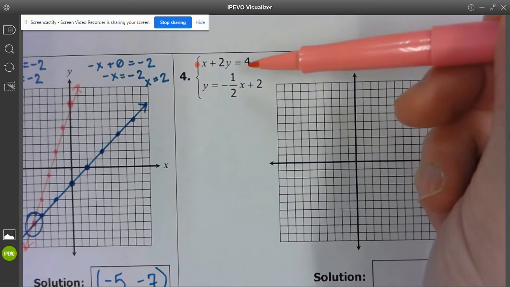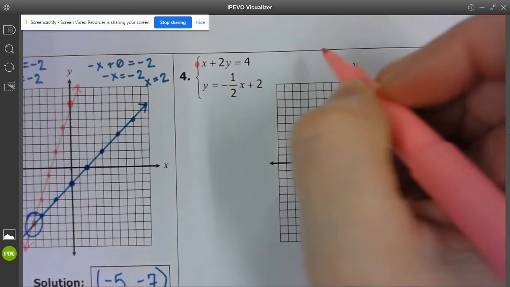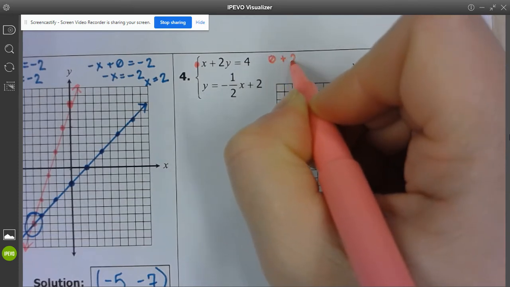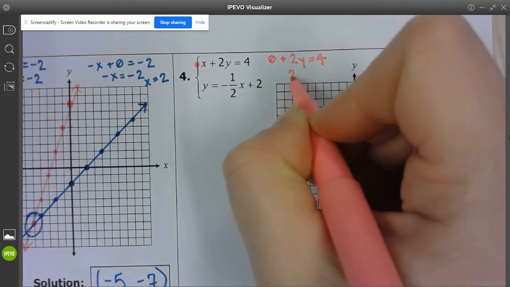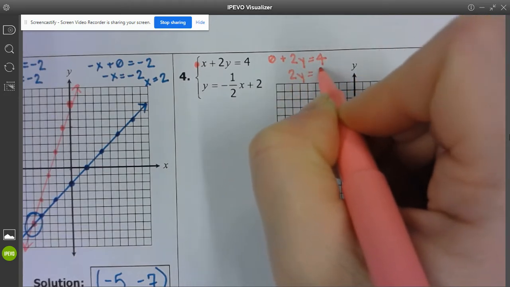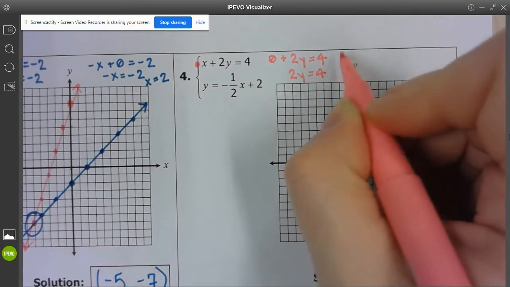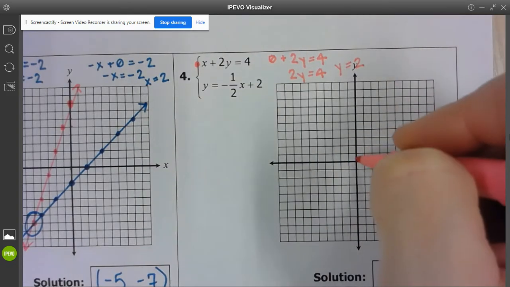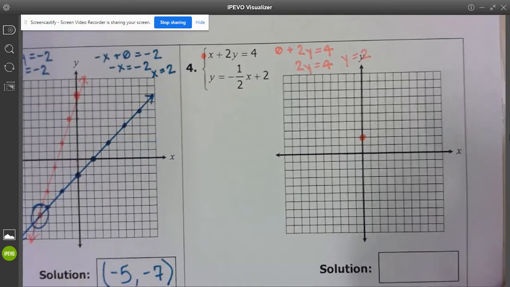Does 2 divide 4 evenly? Yes, it does. That means I can substitute 0 in for x, and I'll get a whole number for y. This would be y equals 2. So I'm going to go up to where y is 2 and put a dot for that intercept.